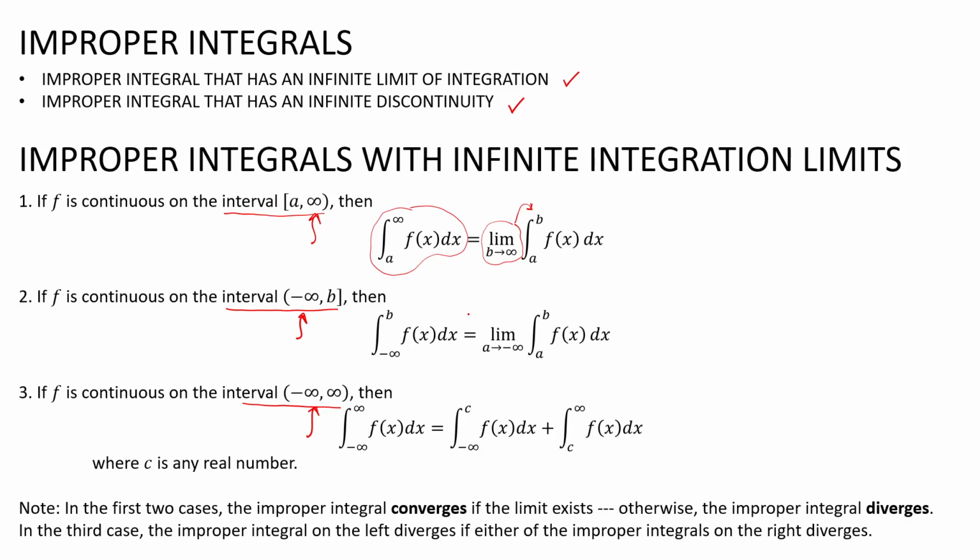So you just take out the infinite limits and make it into this format. Same goes here, where the lower limit is now negative infinity. So you transform it into this format, then you replace the lower limit with another variable.